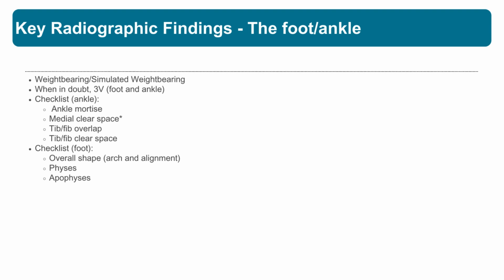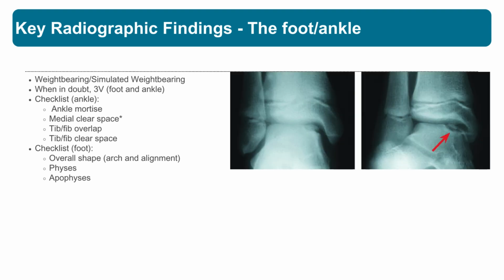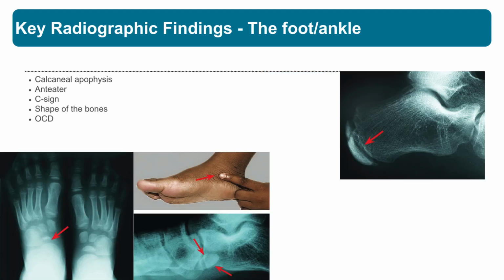For the foot, we want to see how the alignment of the arch is doing. We want to see what the growth plates are doing and what the apophyses are doing, or secondary growth centers. Sometimes the ankle mortise can be better visualized for pathology compared to the AP film, as you can see here on this talar dome osteochondral defect.